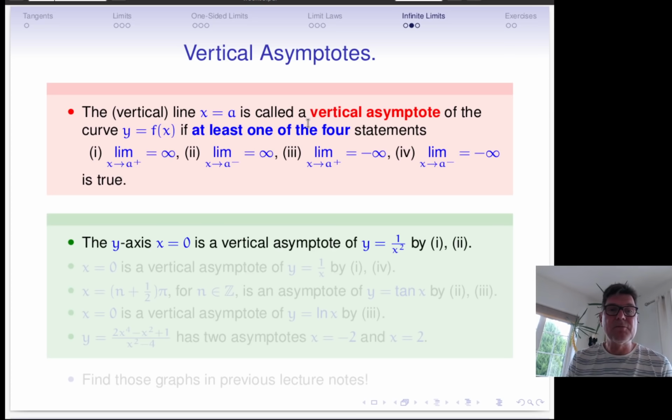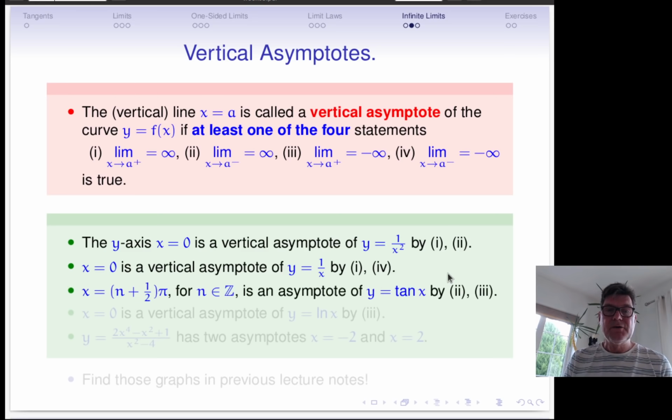We've seen examples of this before. The y-axis, x equals 0, is a vertical asymptote of y equals 1 over x squared. We've just seen that, and this is a function that satisfies 1 and 2. The line x equals 0 is also a vertical asymptote of y equals 1 over x, because properties 1 and 4 are satisfied.